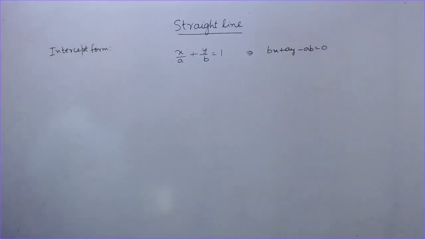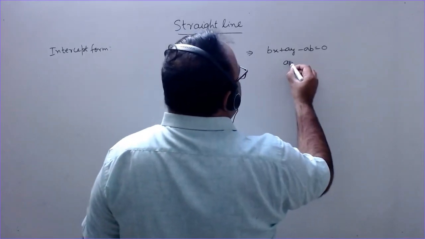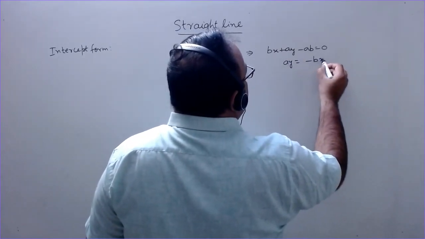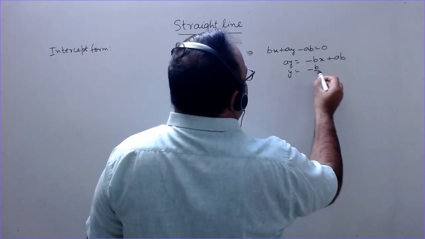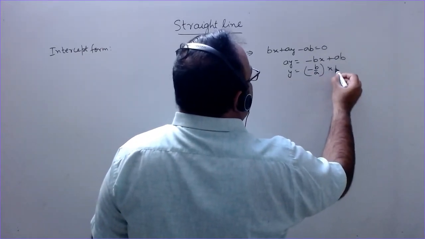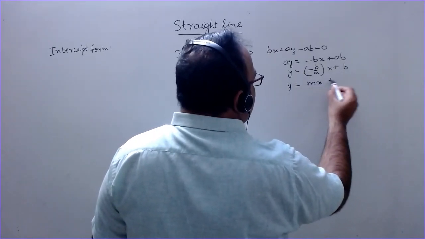You can compare this with the previous or the general equation of the form bx plus ay plus c equal to 0 or ax plus by plus c equal to 0. You can also write this in this form: y is minus b by a x plus b. Compare this with y equal to mx plus c.